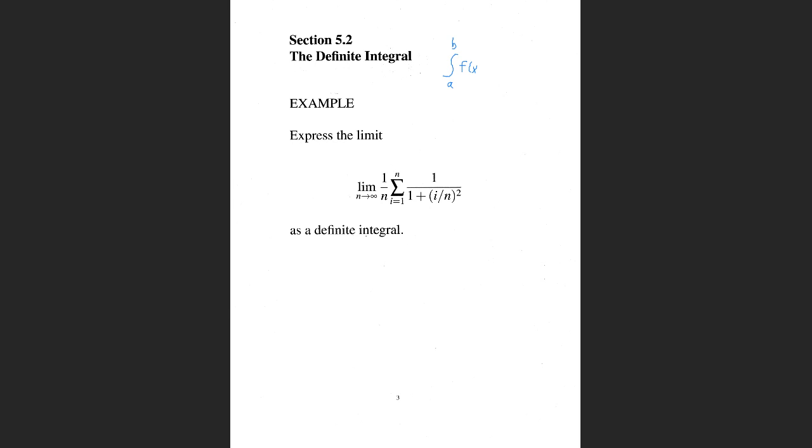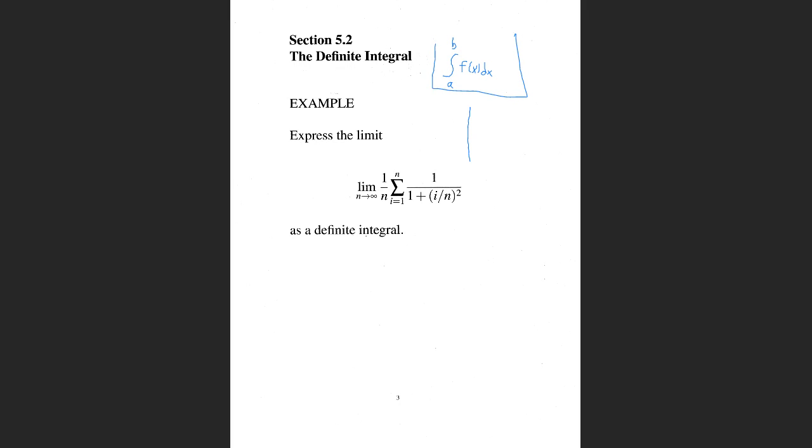This is our definite integral. And the geometric interpretation of that definite integral is the net area between a function and the x-axis, from your limits x equals a to x equals b.